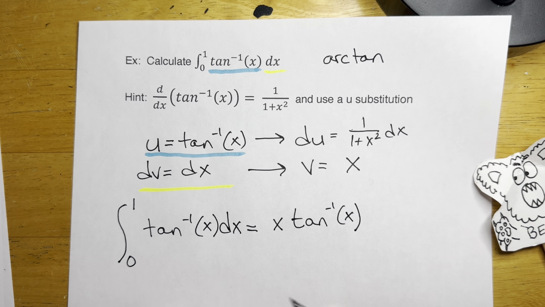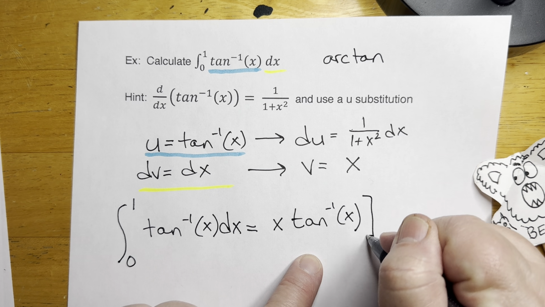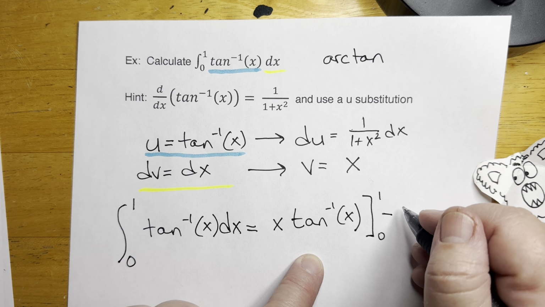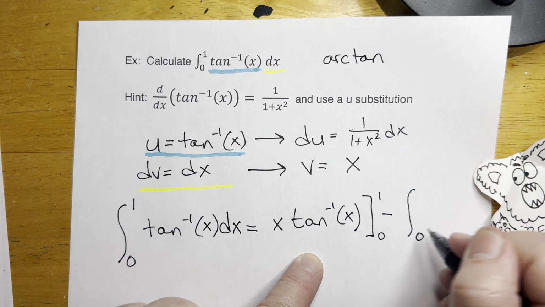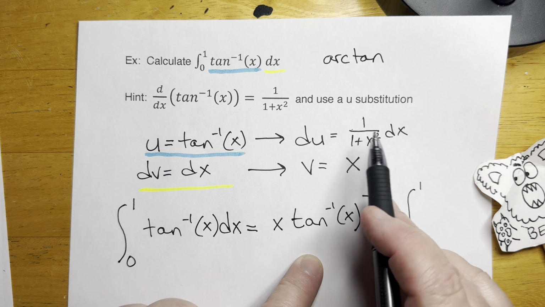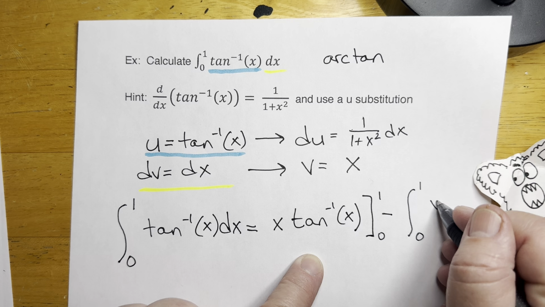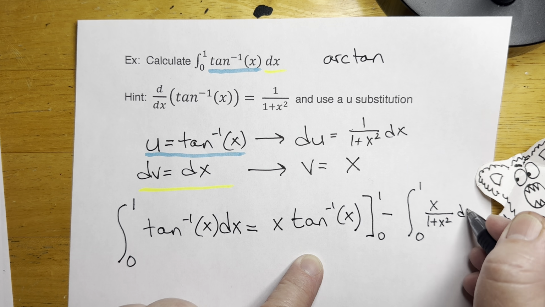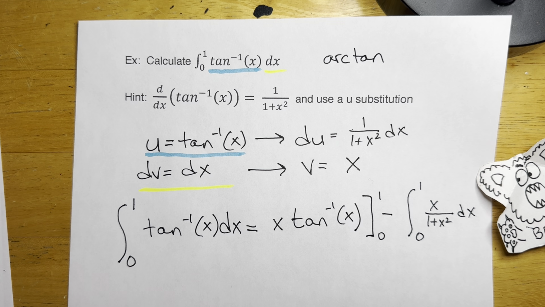Now, we can't just leave that there. We're going to do 0 to 1, and then minus the integral from 0 to 1 of v du. So we're going to multiply these. So I'm going to have x over 1 plus x squared dx. Now, at this point, my limits don't have to change because I'm still working with x. So that's the good news.